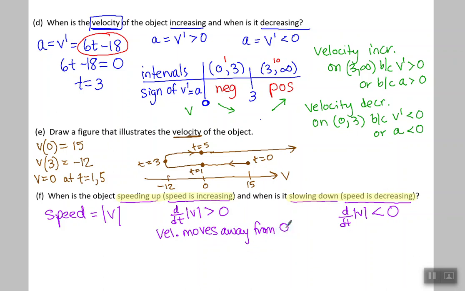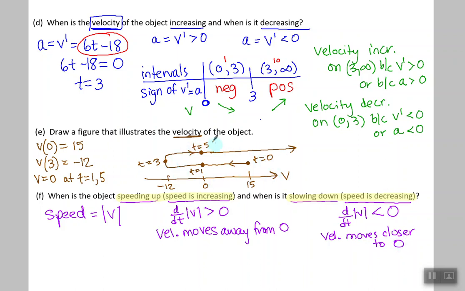Because velocity can be positive or negative, it's important that we don't just say get bigger, but we say moves away from 0. If we took the absolute value of the values, they would be getting more positive, but we want to think about it as the velocity moves away from 0. If speed is decreasing, the way we can think about that is that the velocity moves closer to 0.